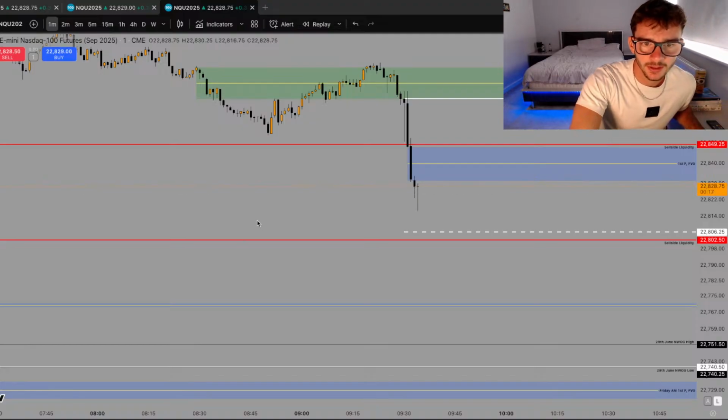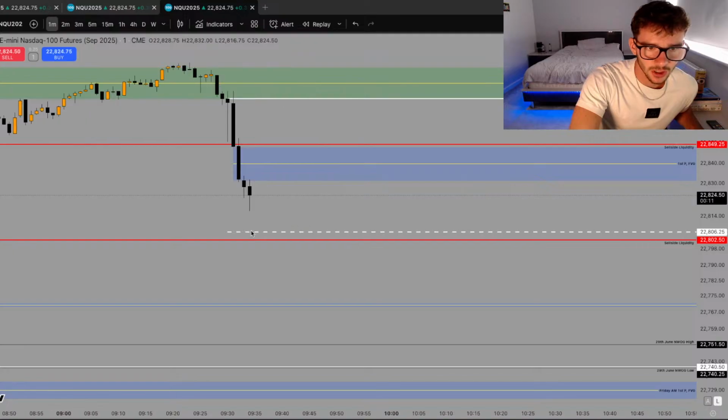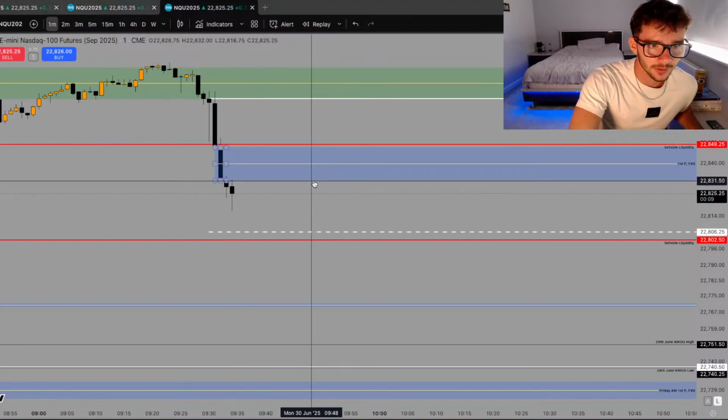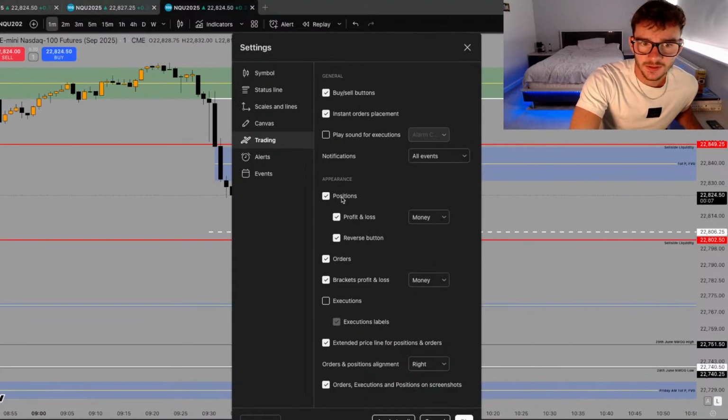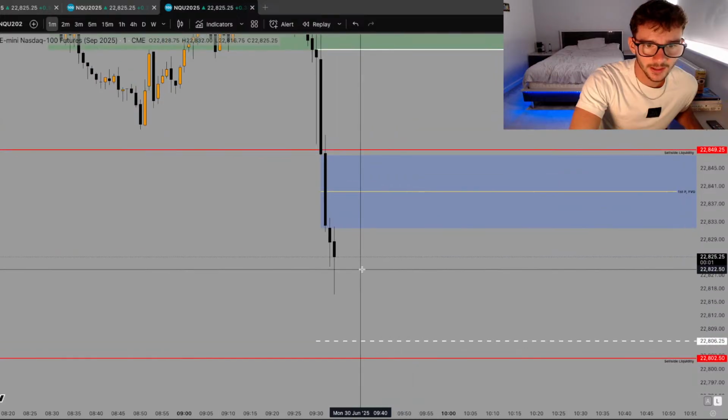I also like that idea because it gives me a tighter stop loss trading off the 15-second chart. There's the tag on the first presented. I'm just going to get rid of them buy and sell buttons because they're in the way. We'll see now if it wants to displace away.